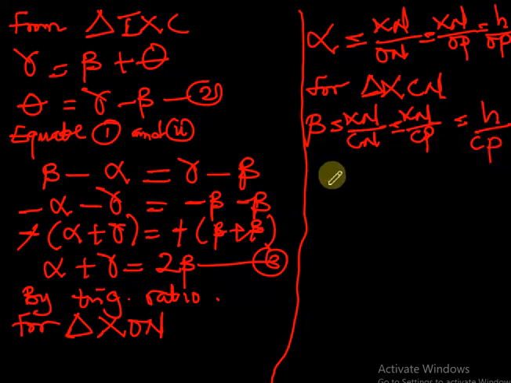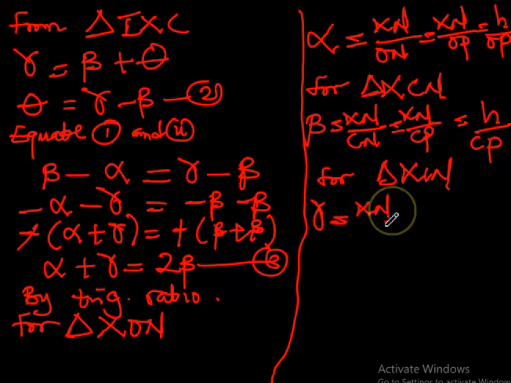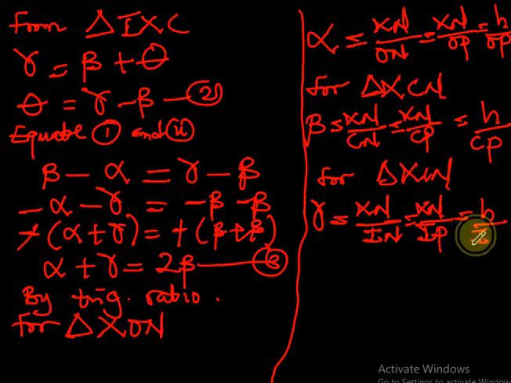Then you consider the last triangle, triangle XIN. You have that inner one to be gamma, which is XN over IN, equals XN over IP, and that is still H over IP.